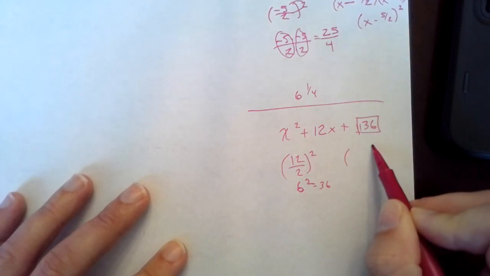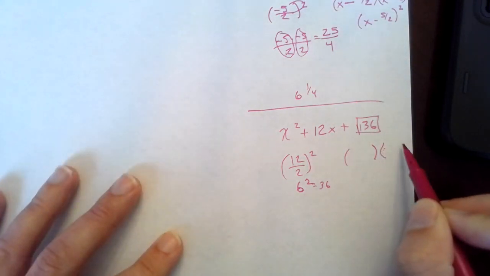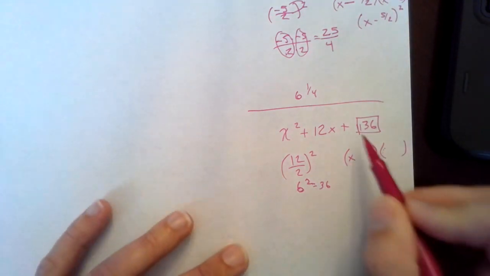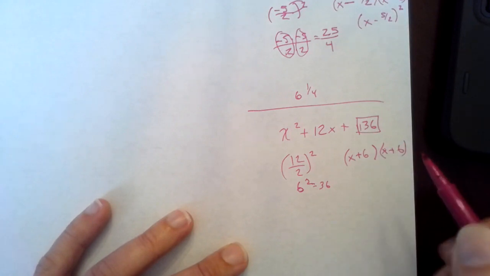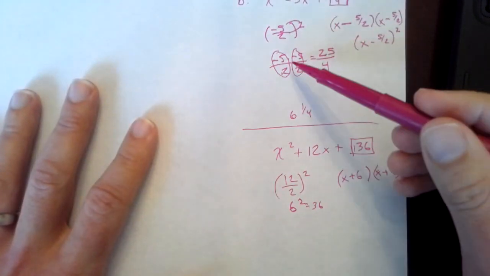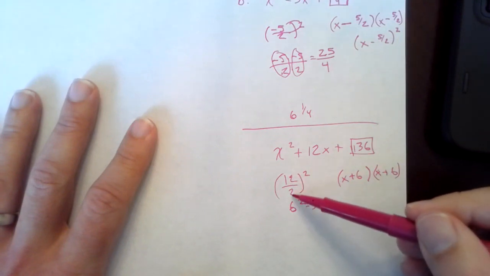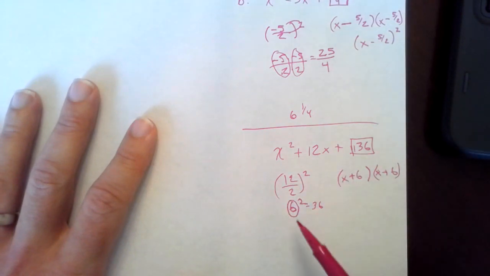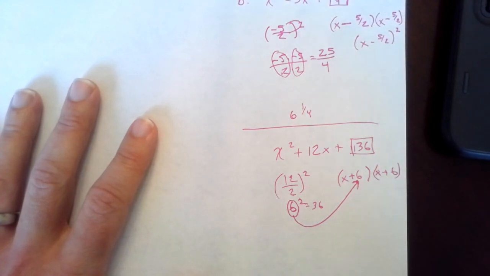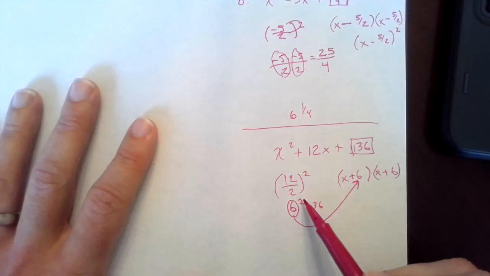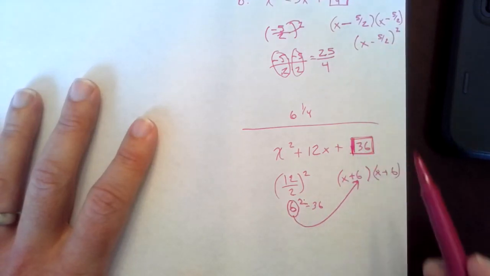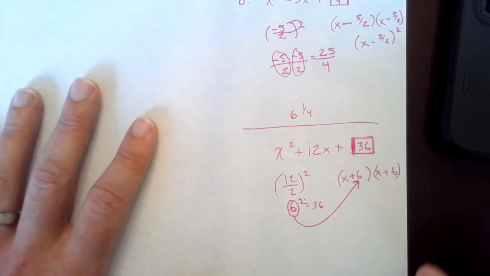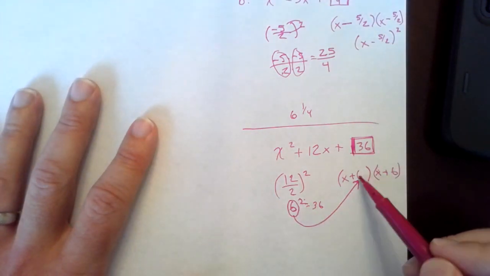So now, if I want to figure out what times what gets me this, we kind of know it's going to be the 6 and the 6, x plus 6 and x plus 6. But this is very similar to the problem up here. It's going to be whatever I cut in half, this value is what it factors down to before we square it. Now to square it, yes, we do need to square that 6 to get what value goes in here. But when I then factor it, which we're going to be getting to shortly, that's how I can factor it.